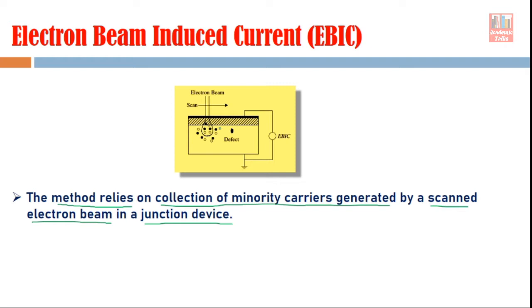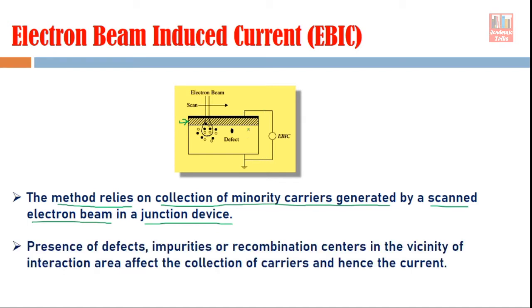This portion I told you is a space charge region, and this is the junction. Near the junction minority carriers are produced because of this electron beam, and the collection of these minority carriers constitutes a current which flows between the top electrode and the bottom electrode.